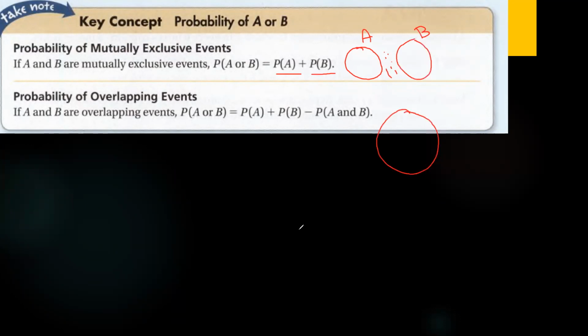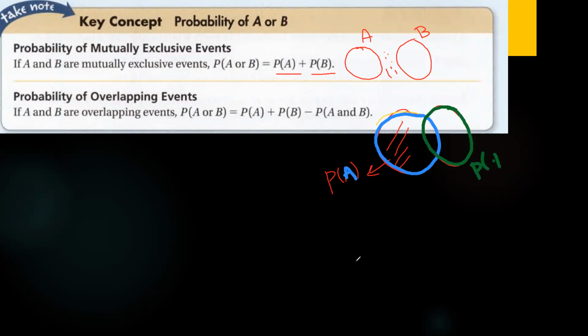But for the things that we have something in common, this area here shows me the probability of A, and the circle here is the probability of B. So the probability of A, the blue circle, plus the probability of the event of the green circle, sorry, then minus the probability of A and B. If I told you now probability of A and B, I want the number of the events in this area here.